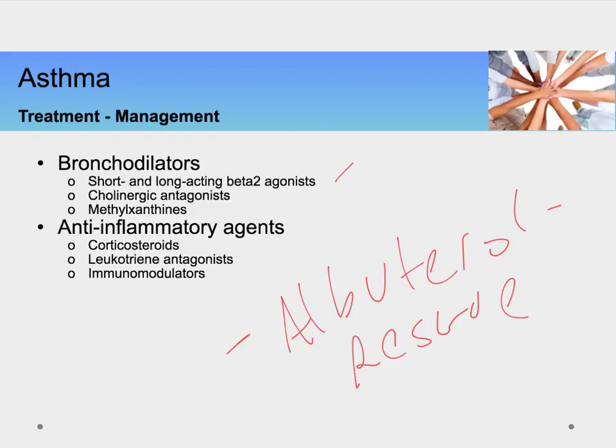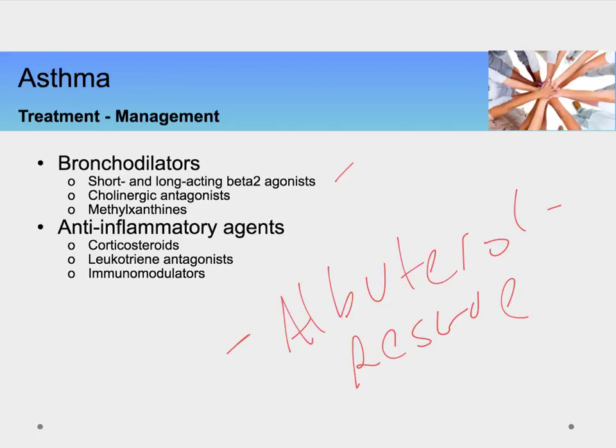Cholinergic antagonists are also bronchodilators, and they act in a little bit different way. That is known as ipratropium, and that is Atrovent. Sometimes, while a patient is hospitalized for an asthma exacerbation, we'll put them on something called a DuoNeb, and it is albuterol and Atrovent, or ipratropium, together.